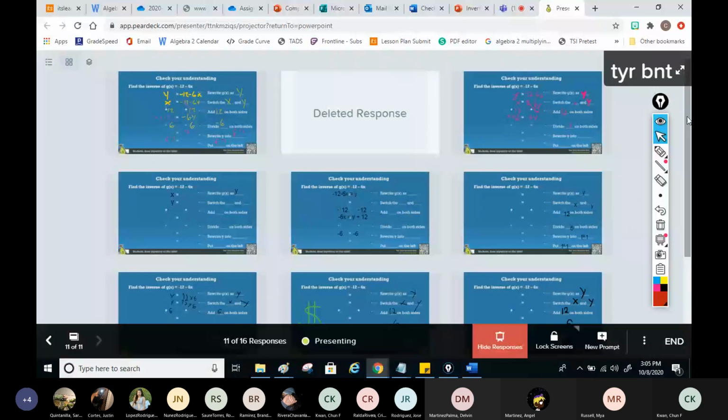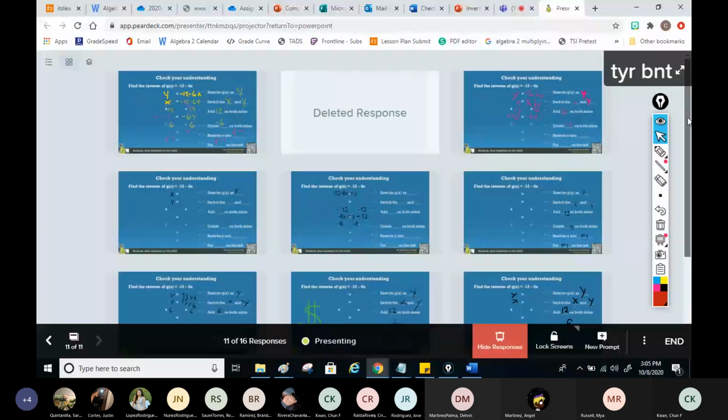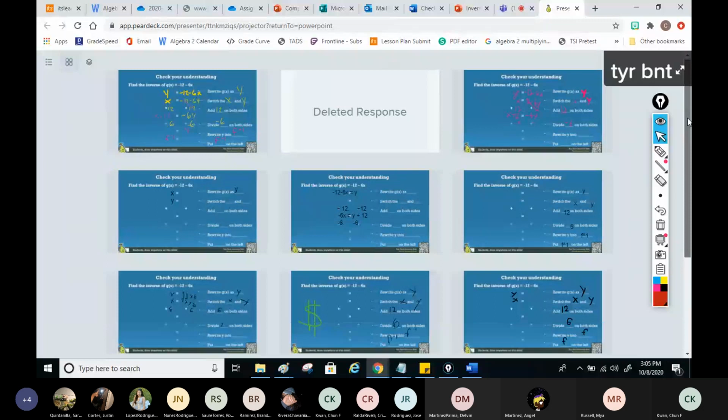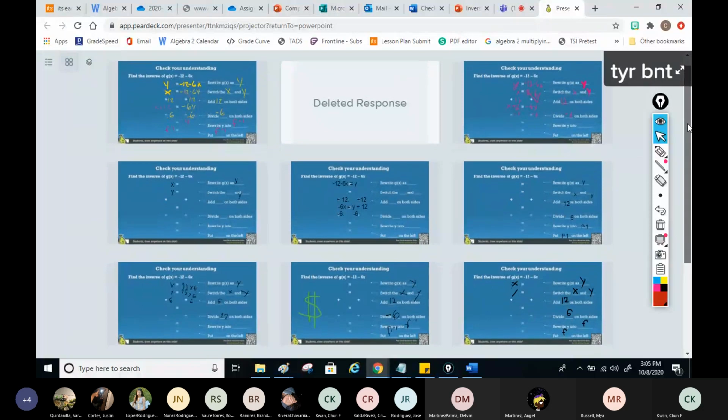Make sure you are dividing by -6, not just a 6. And on the left, remember both terms, both the x and the plus 12, both of them have to be divided by -6.